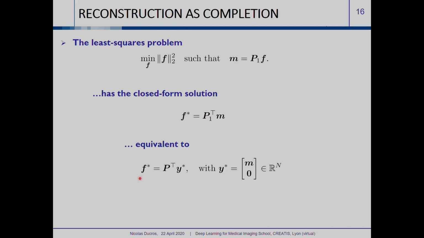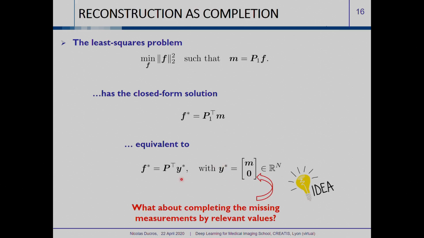And this is perfectly equivalent to multiplying Y star by P transpose, P being the full basis, where Y star is a measurement vector in which we have M for the acquired measurements, and where we put zeros for the non-acquired coefficients.